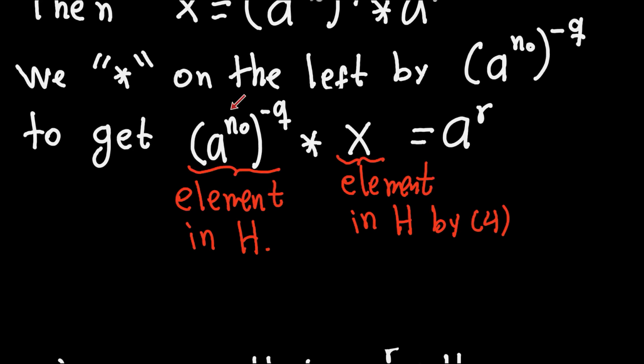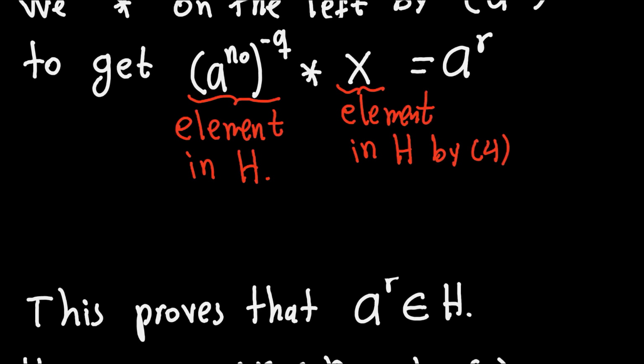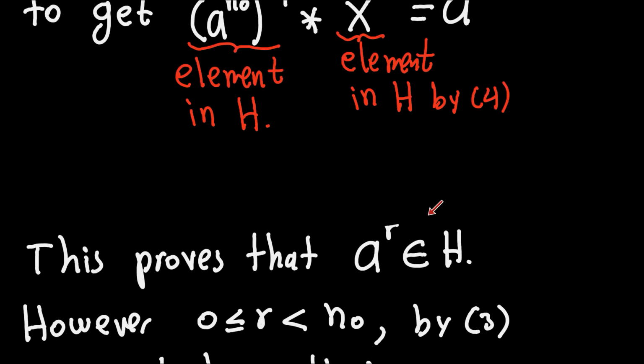So there's an element in H. So this element here, A to the n0, is in H because H is closed, and an integer power of that is also in H. So this whole thing here is in H. So what we have is, this is an element in H. This is also an element in H. What that means is A to the R is also an element in H because H is closed under the binary operation here. So this proves that A to the R is in H.